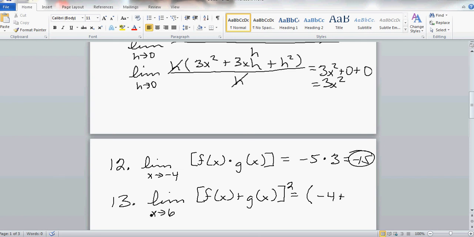What is the limit as x approaches 6 of g of x? That's -9. So it says to add right here. So add -9, and then we're going to square the whole quantity. -4 plus -9 is -13, and squaring that whole quantity we get 169. So the limit as x approaches 6 of this monstrosity here equals 169.